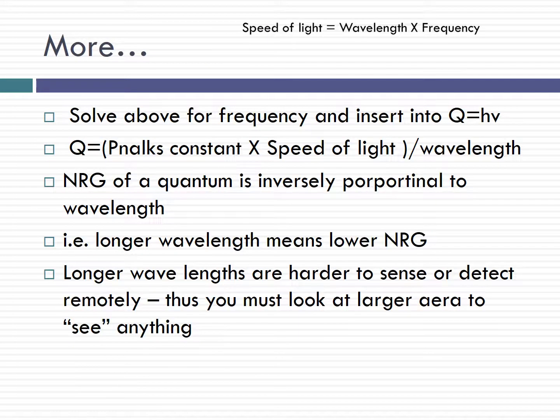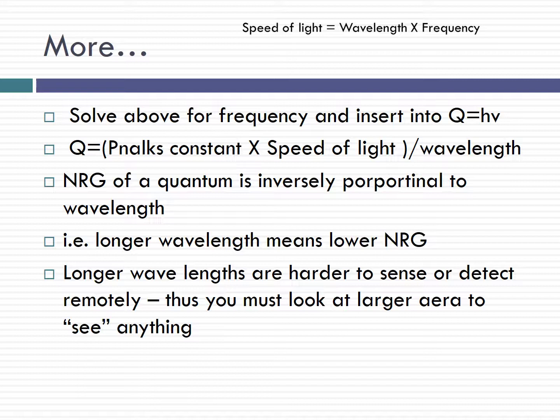So if we take those equations that we were talking about earlier, Planck's constant and all these different things, we can figure out that the energy of a quantum is inversely proportional to the wavelength. That means longer wavelength means lower energy. So just like I was saying on the previous slides, when you get out to AM radio signals, they have a very, very long wavelength. They're also very, very weak.